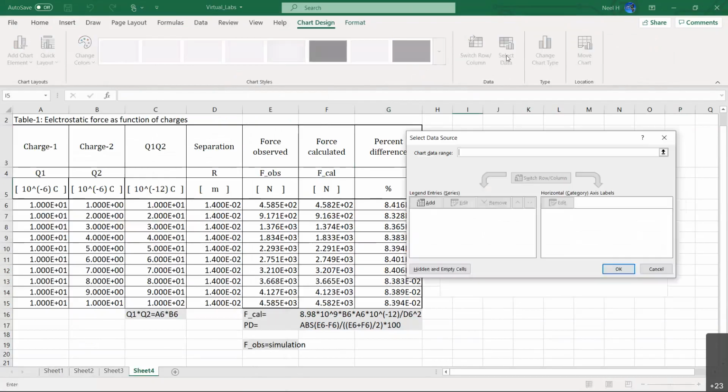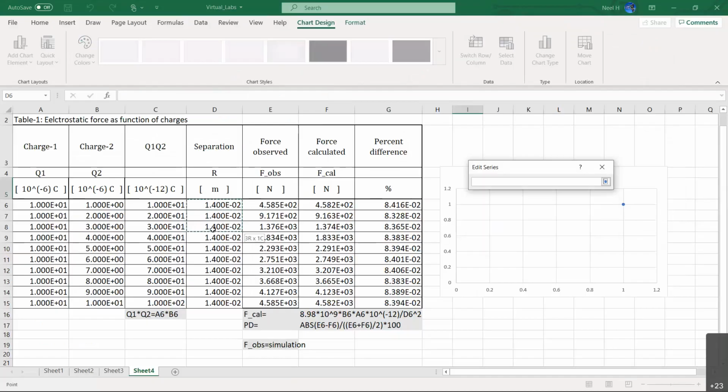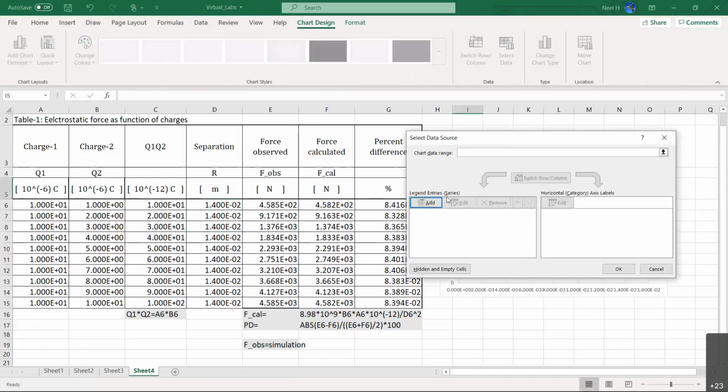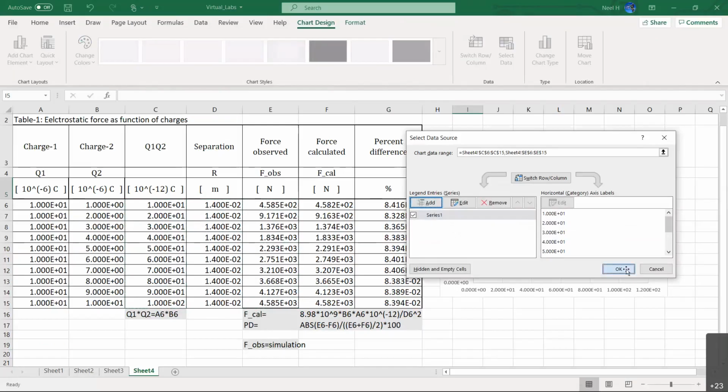Then you click select data, add, select X values, X should be Q1 Q2 product, this column number 3, and then Y should be force observed, these values. And then hit enter, click OK.